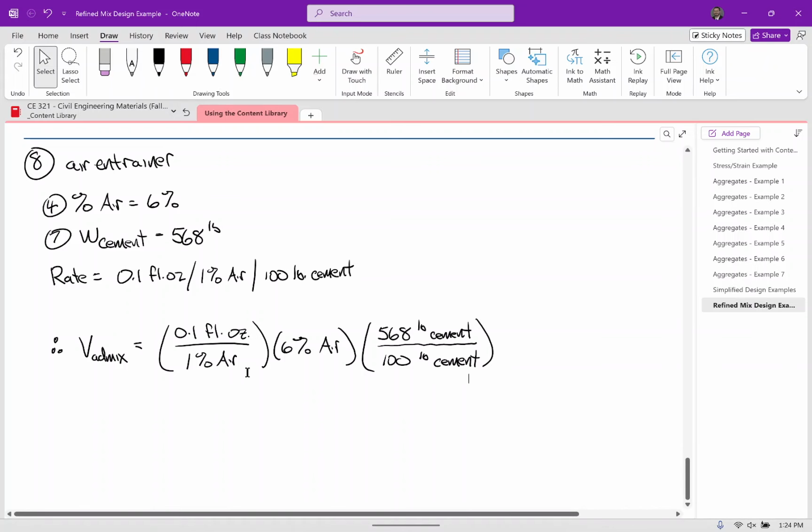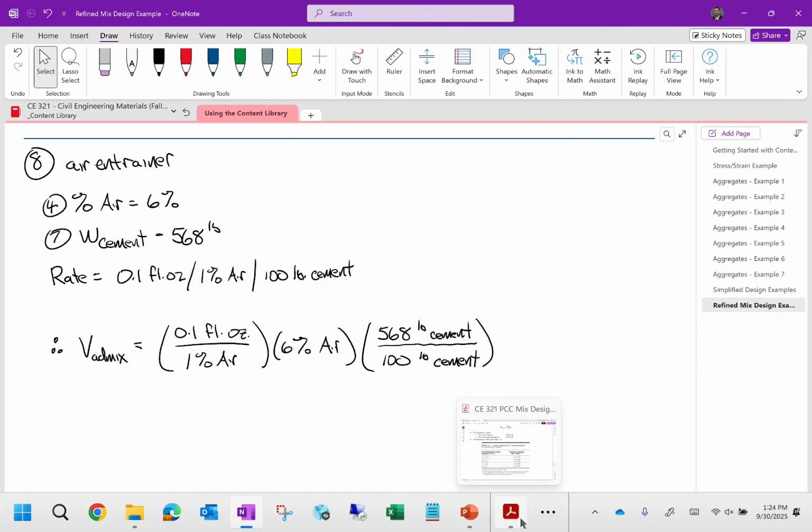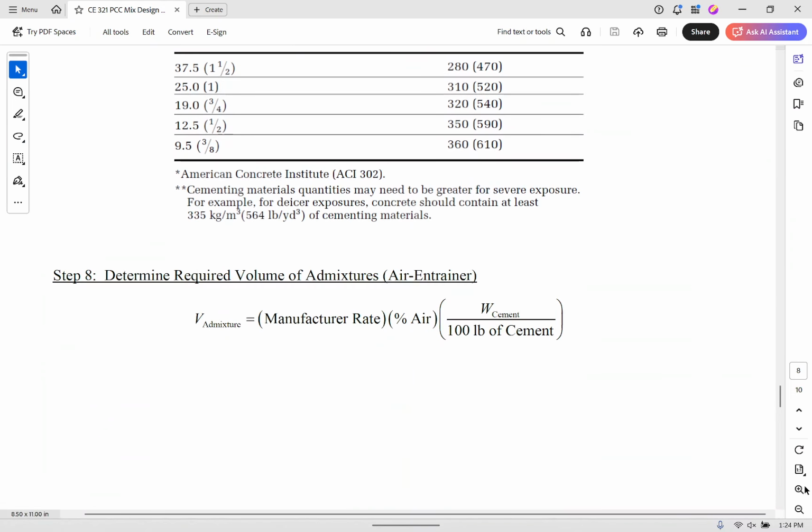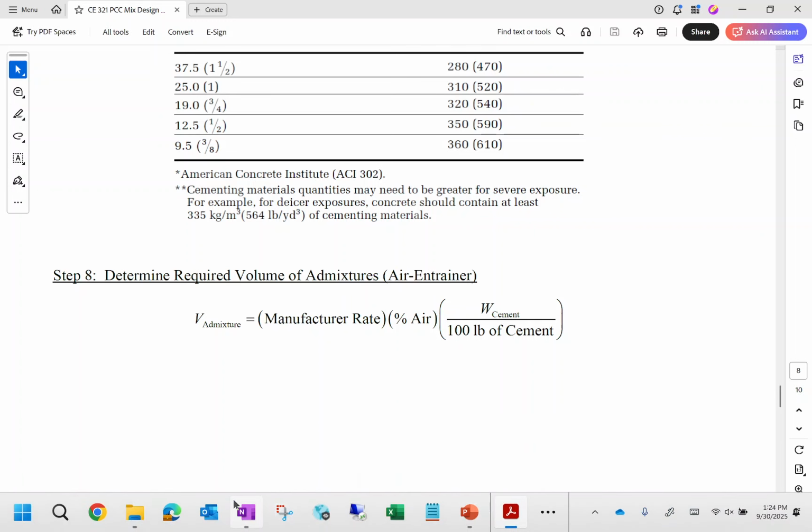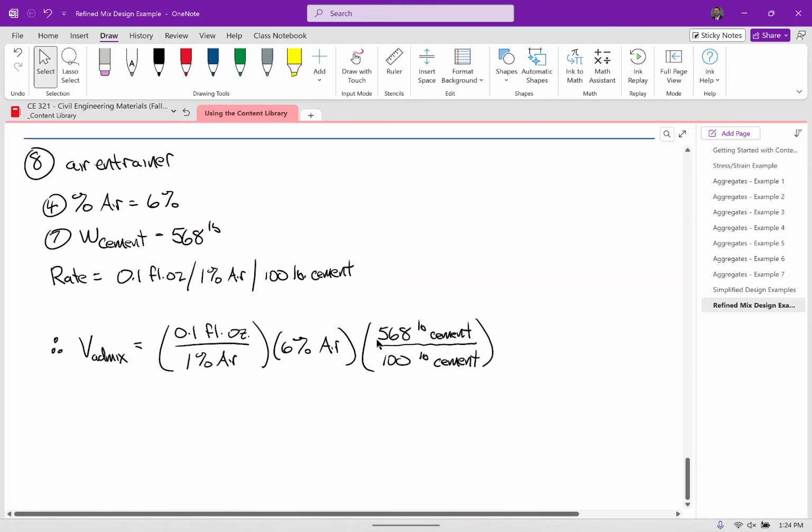This formula is pretty straightforward. Just take your rate, multiply it by the percent air, times the weight of the cement, divided by 100. It's really not that challenging. So what do we get for this?